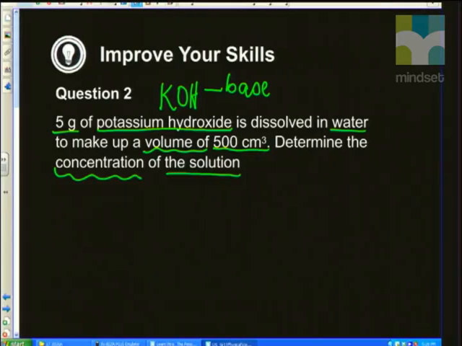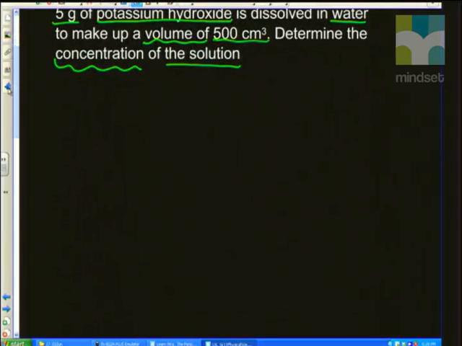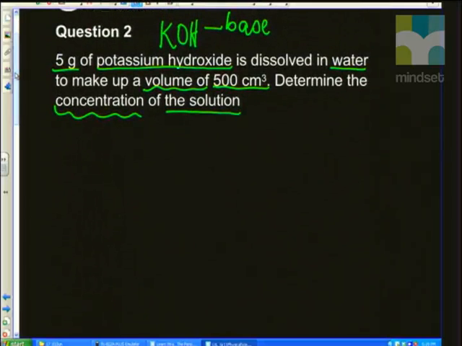Now, this should be easier to work out. But let me take it slower with you, and then I will look at how quickly you can work on it without taking the long way. Let's have a look at it. You've got the mass given to you.